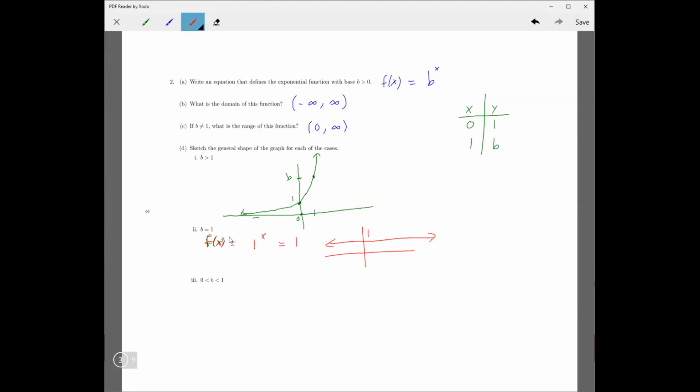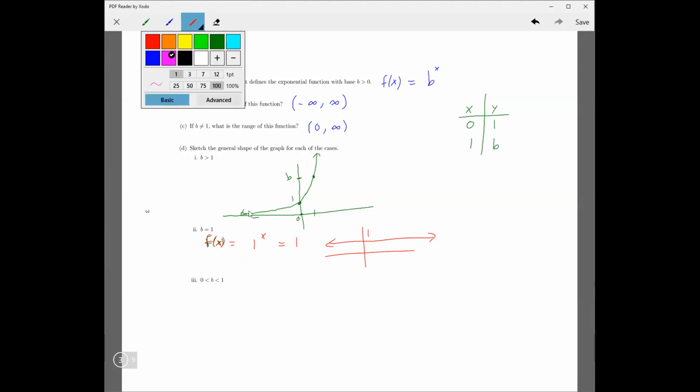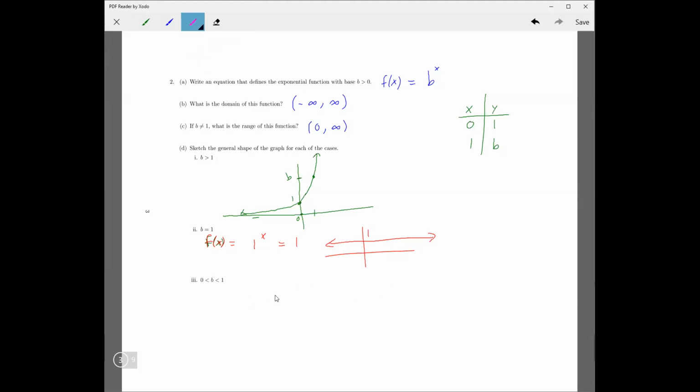Okay, and then if b is between 0 and 1, then again, I'm still going to go off of that. Here we have 0, 1 right there. But if b is between 0 and 1, instead of being up here, b is going to be down here somewhere, maybe right there.